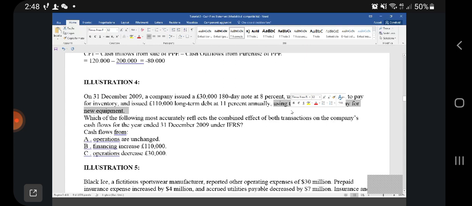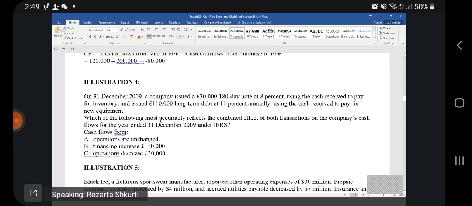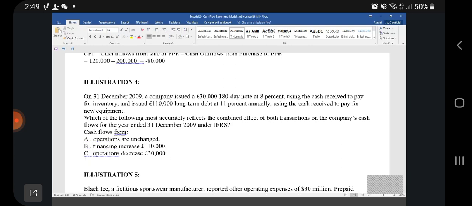Which of the following most accurately reflects the combined effect of both transactions under IFRS, IAS 7? One or two minutes to think about that, and then we discuss.